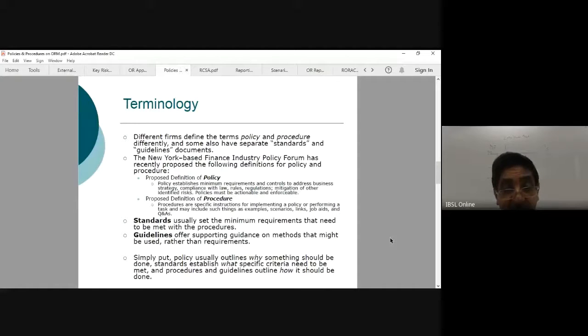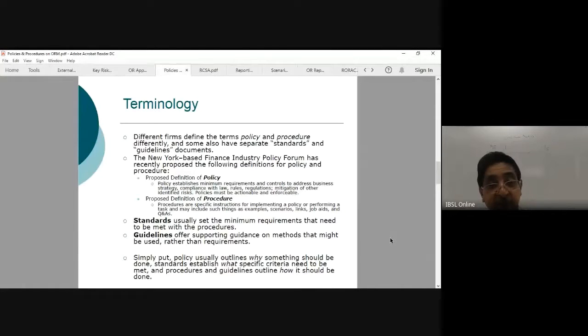Now there is a definition for policy. It establishes minimum requirements and controls to address business strategy, compliance with law, rules, regulations, and mitigation of other identified risk. Policies must be actionable and enforceable. And procedures also.